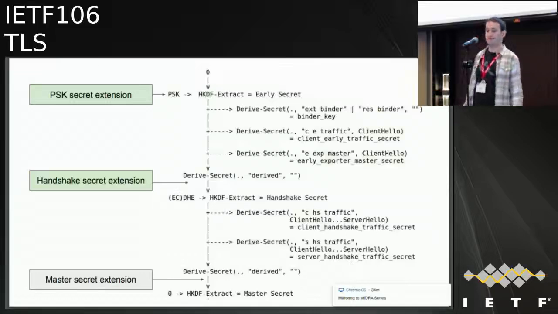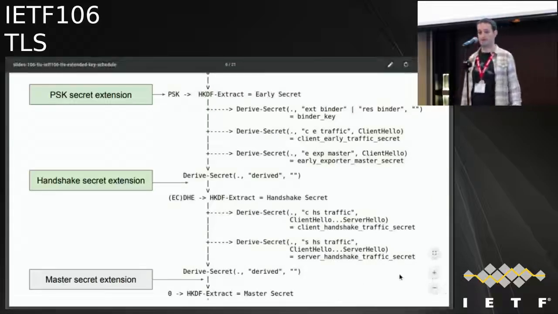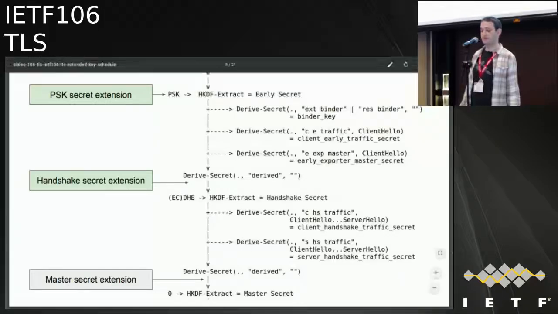No, hang on. Ignore the top. The bottom zero, like everywhere else in this key schedule, the thing that comes from the left is the IKM, the initial random input keying material, and the thing that comes to the top is the salt. If you scroll up one HKDF extract, you're extracting the DHE secret. And I don't understand why you can't put an IKM on that zero slot at the bottom.